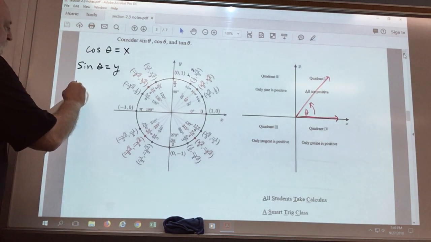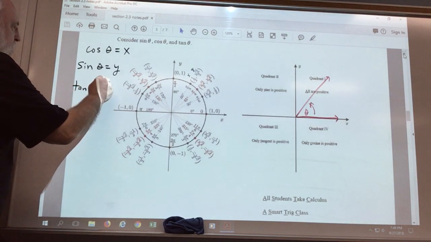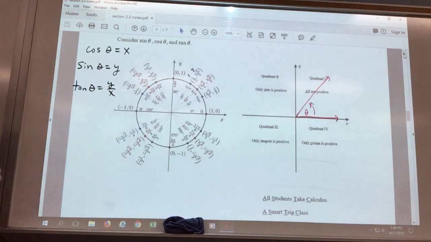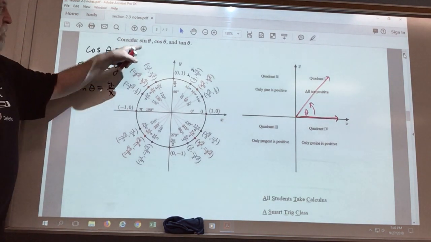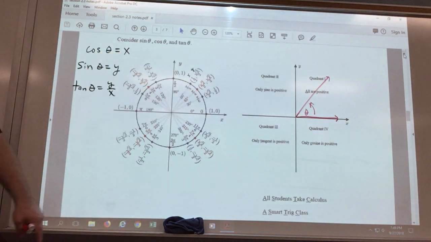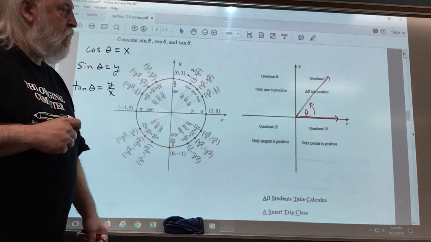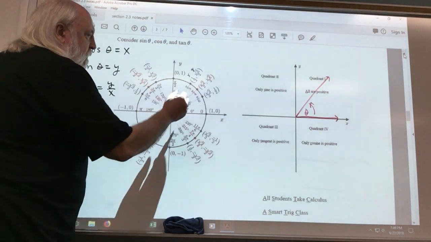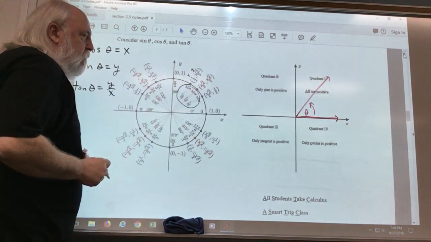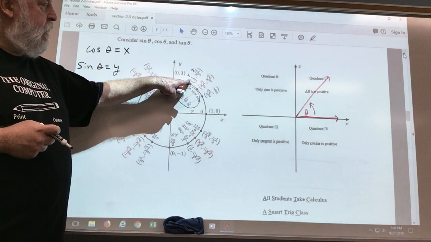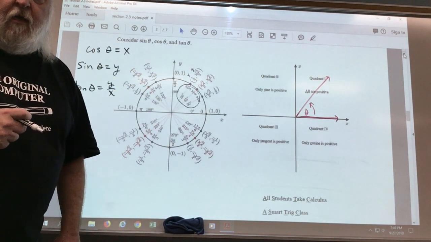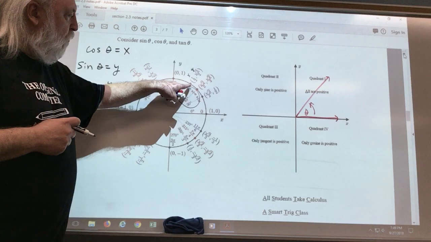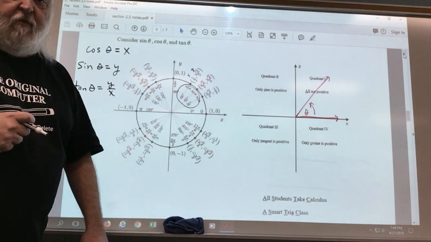And tangent theta is equal to the y coordinate divided by the x coordinate. Okay? So we're just considering these three trig functions in our discussion over here on the right hand side. Well, for any angle in the first quadrant, both the x coordinate and the y coordinate for the points on the unit circle are positive.